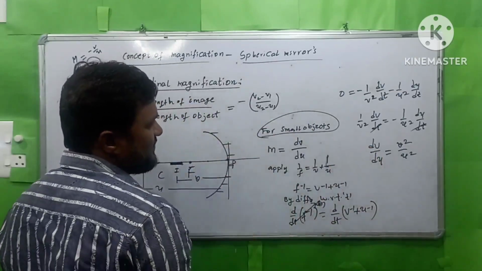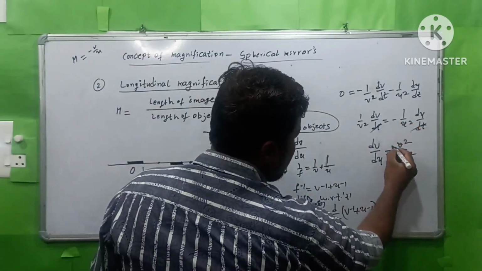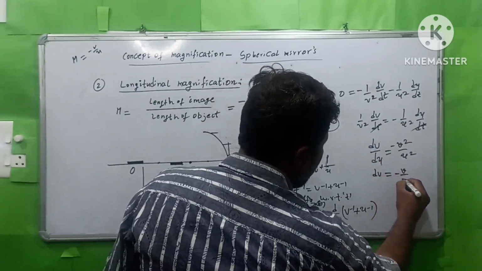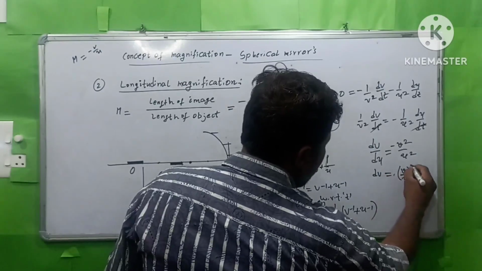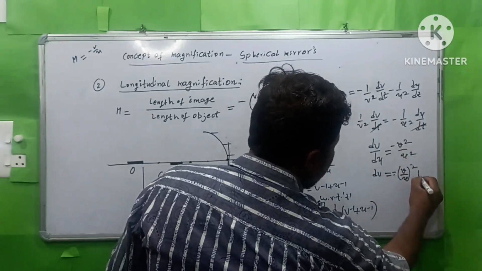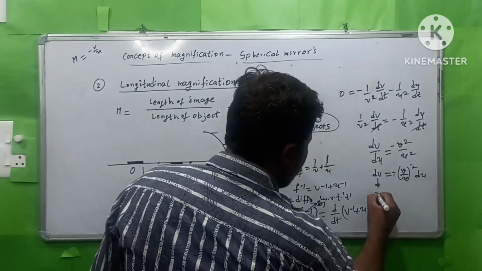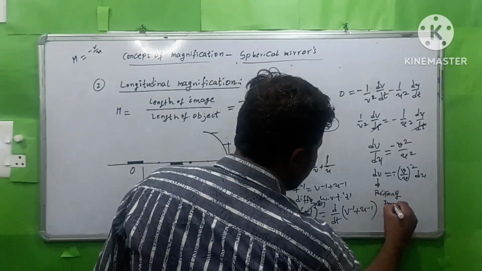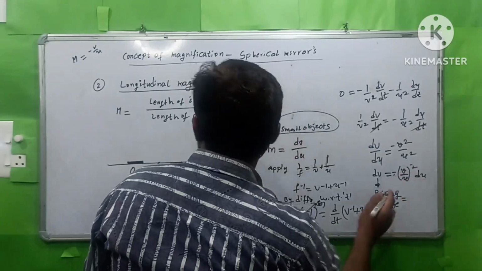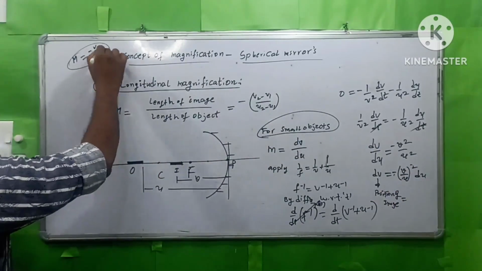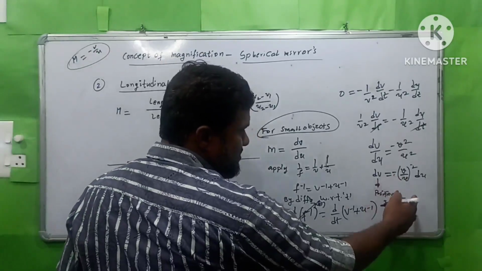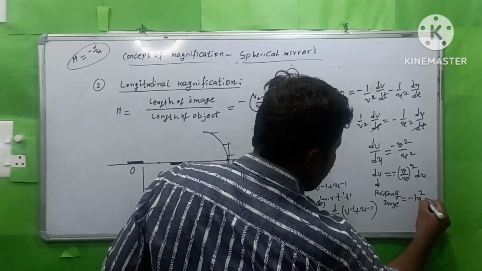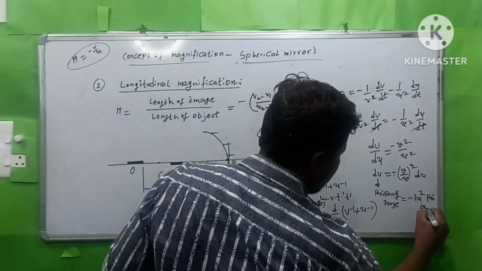Further, this is nothing but magnification: minus dv by du, so dv is equal to minus (v by u) the whole square into du, where dv is the position of image. Magnification m is equal to minus v by u, the transverse magnification, so the square gives m square times the position of object.